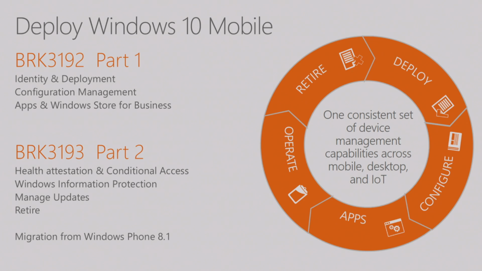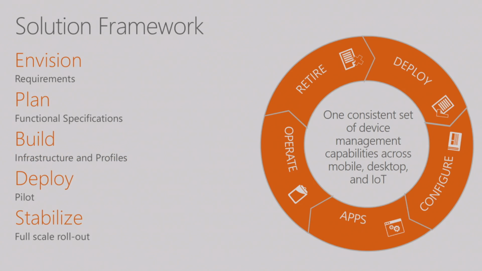The session is really focused at enabling or talking through a number of how do we gather requirements, how do we get these requirements within an infrastructure that needs to be deployed, defining the functional specification, the profiles, etc. What kind of hurdles are you going to hit if you go through that exercise to be able to pilot or do a proof of concept with Windows 10 mobile devices, and then later on mass deploy or in quantity, deploy Windows 10 mobile devices within your organization.